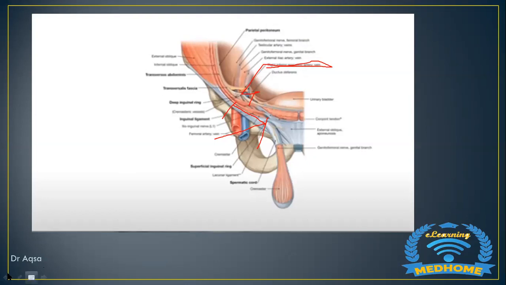So if you look here, the superficial inguinal ring lies medial because the pubic tubercle is lying here. That is why it is medial in relationship to the pubic tubercle. This whole area is going to be the pubic tubercle, and the superficial inguinal ring is in relationship medially to it.